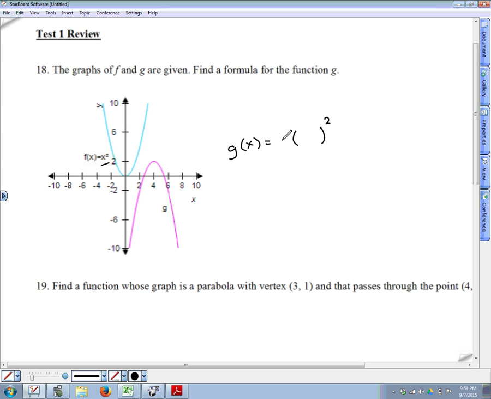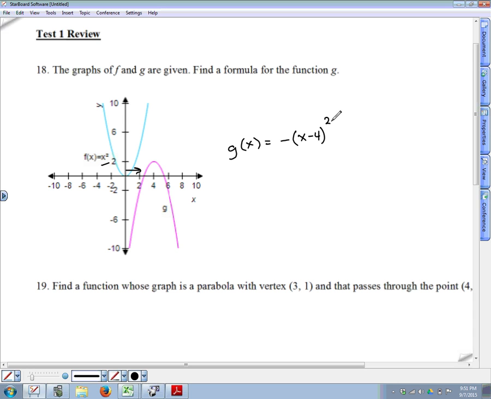So since it's flipped upside down, I'm going to put a minus sign outside of the function. That's important, that it's outside the function. That would be a vertical reflection. And since it moved 4 units to the right, that's going to be an x minus 4. Any horizontal change needs to be inside of the function.